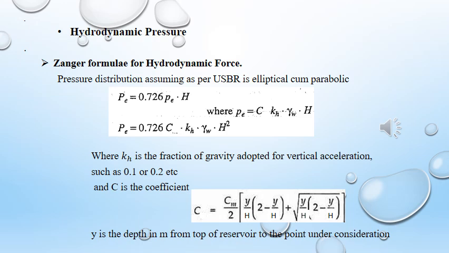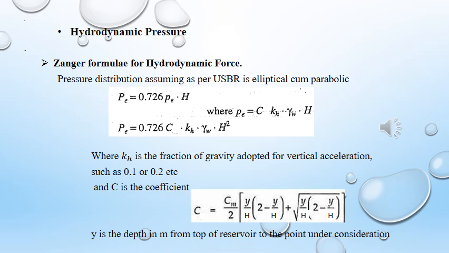This coefficient can be found with the help of the given relation. The capital C is equal to Cm by 2 into y upon h into (2 minus y upon h) plus under root of y upon h into (2 minus y upon h).